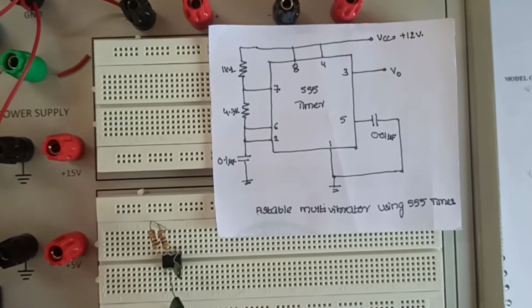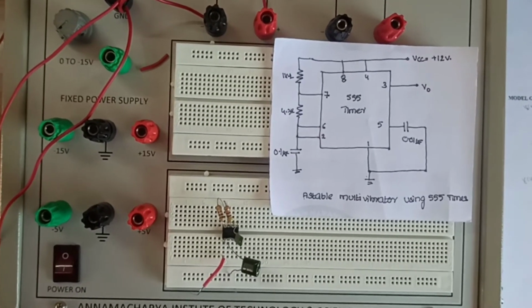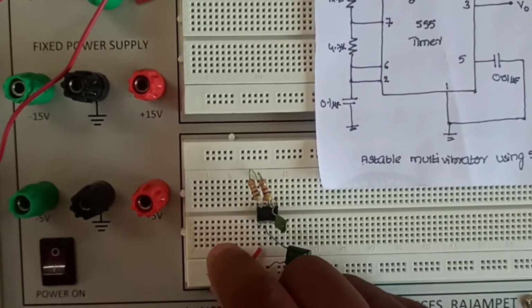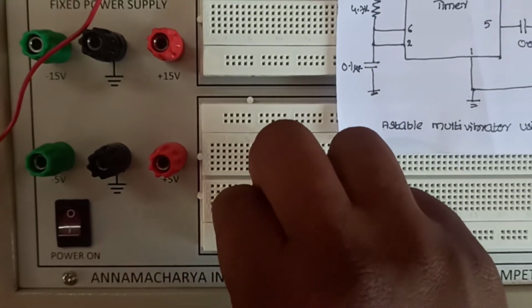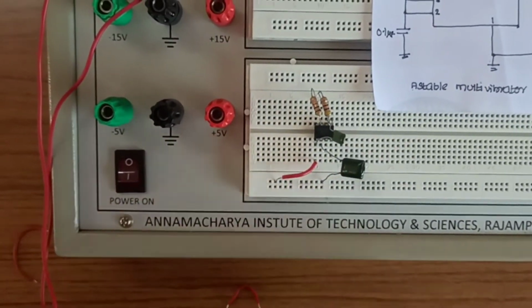Now let's give the other connections using connecting wires. Pin 1 is to be grounded, so I am just connecting pin 1 of IC 555 timer to ground, as you see here.